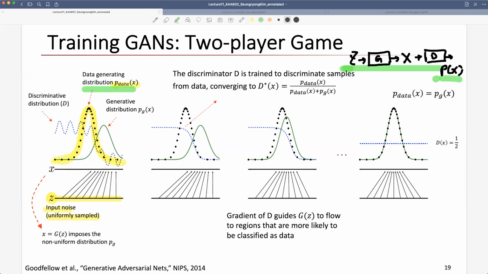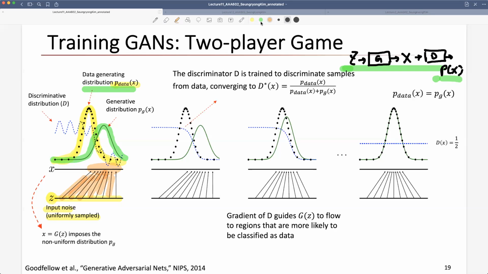right? But in the initial state, our generator just generates samples that follow this kind of probability. So in this case, from the uniformly sampled random noise, we can only generate the X samples like this.